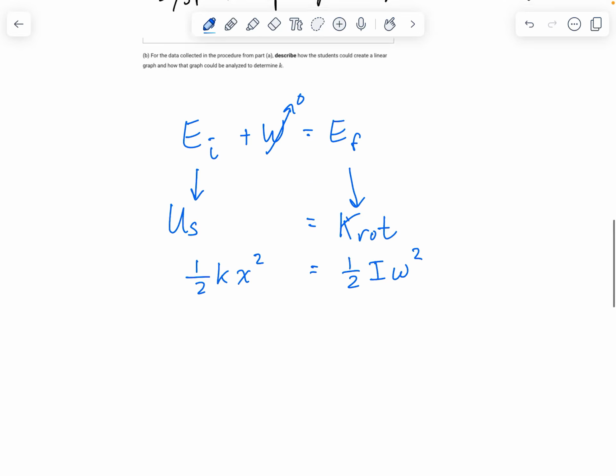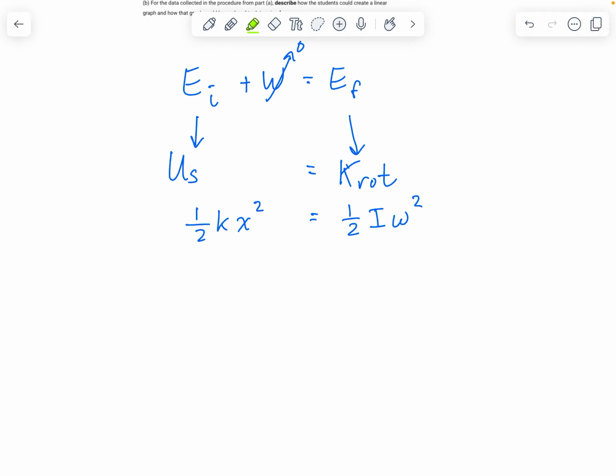Now, it did say we're solving for K, and we know I is a given value. It's IC. So we can replace I with IC because specifically that's the known quantity of the moment of inertia of the wheel. And the question is asking, how can you create a linear graph that would help us find K?